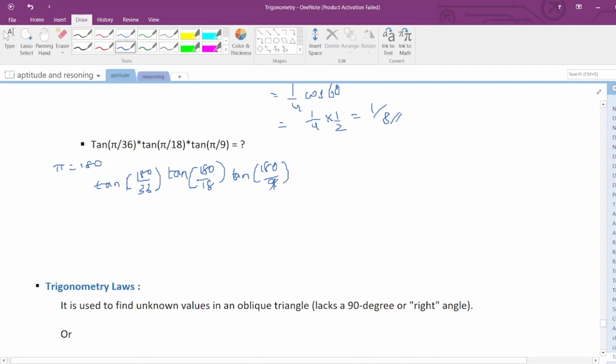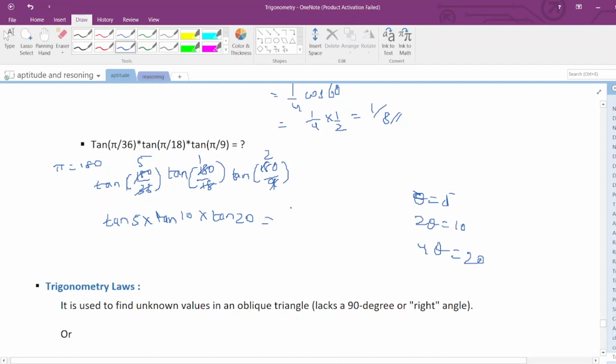Dividing, 180 by 36 is 5. So now tan 5 into tan 10 into tan 20. So this is also theta is equal to 5, 2 theta is equal to 10 and 4 theta is equal to 20.